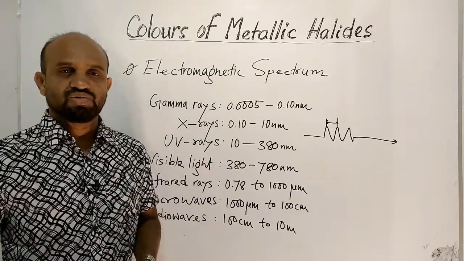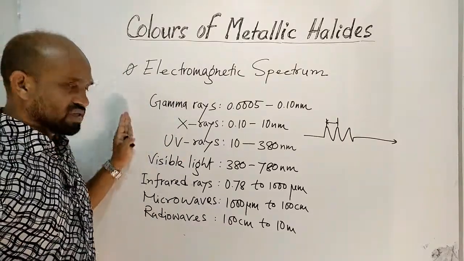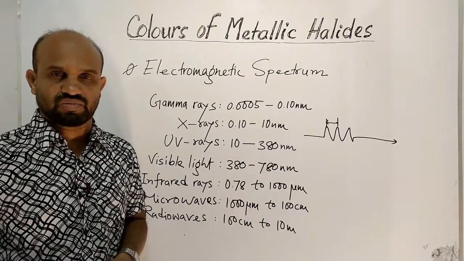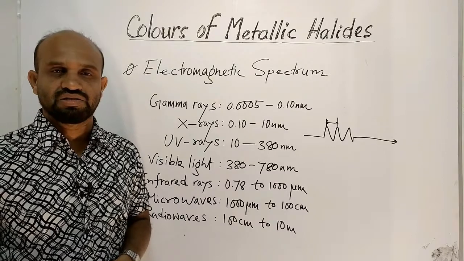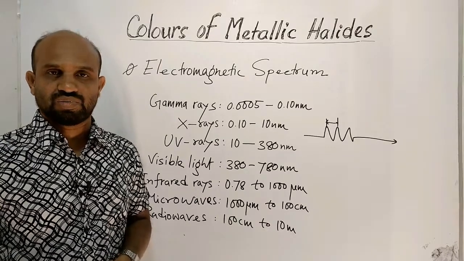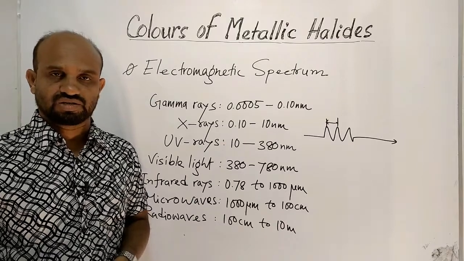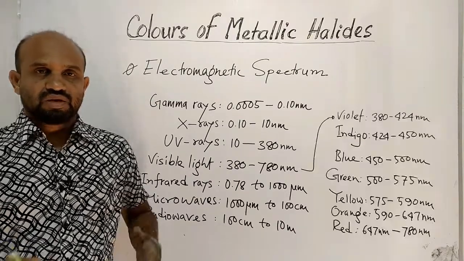Now let's see what is electromagnetic spectrum. All the regions collectively are called electromagnetic spectrum. The definition is the entire range of electromagnetic radiation according to wavelength is called electromagnetic spectrum.